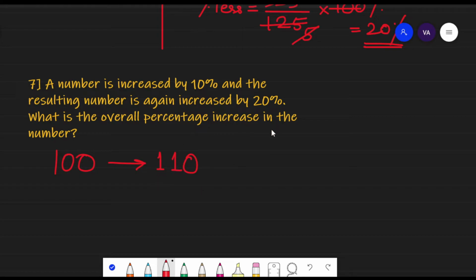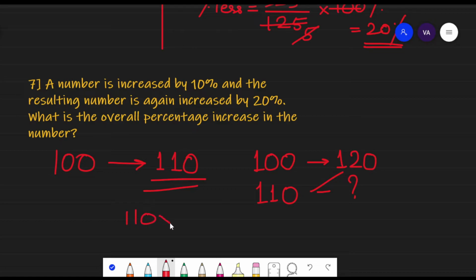And it is again increased by 20%. So now let's say 20% means what? If the number was 100, it is increased to 120, but now our resulting number is 110. So 110 will increase to how much? So again we have cross multiplication here, that is 110 into 120 divided by 100.